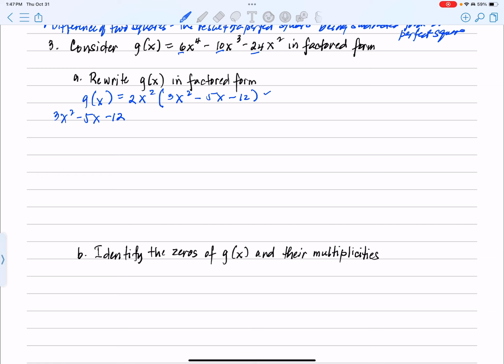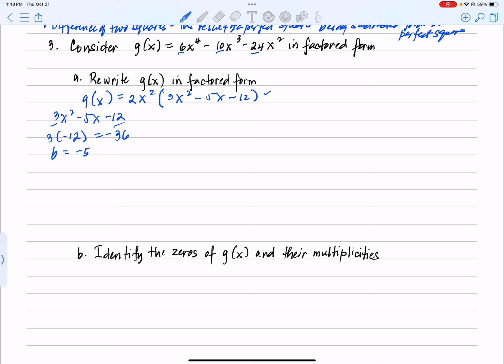Using the quadratic trinomial, all right, so we're gonna do A times C. 3 times negative 12. That's negative 36. So the B would be, the sum should be a negative 5. That would be your lookout in what you're going to factor out.